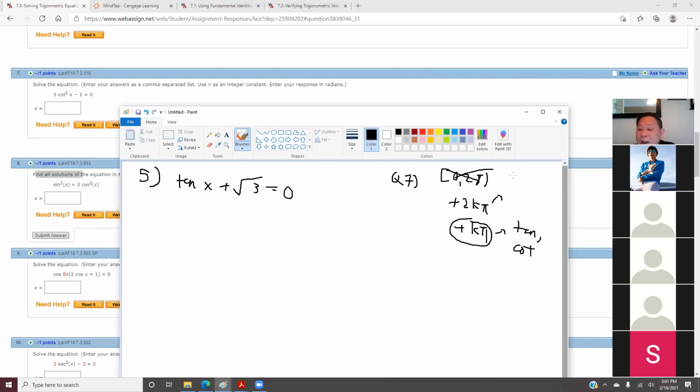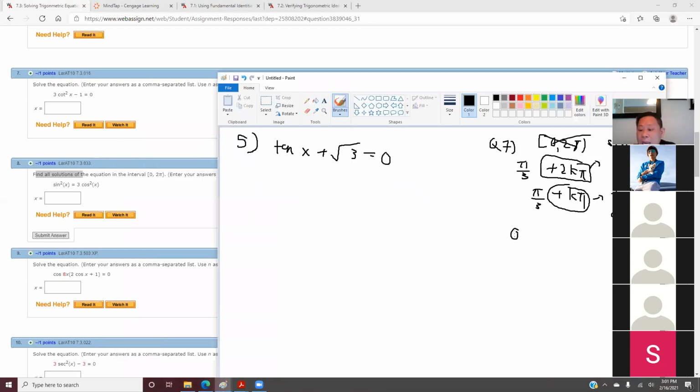But if you have the rest of them, sine, cosine, secant, cosecant, then you have to add 2k pi. So for example, if you find your answer is pi over 3, then it's pi over 3 plus 2k pi if it's sine, cosine, secant, cosecant. Otherwise, it will be pi over 3 plus k pi if it's tangent or cotangent. So this is if you don't have 0 to 2 pi.